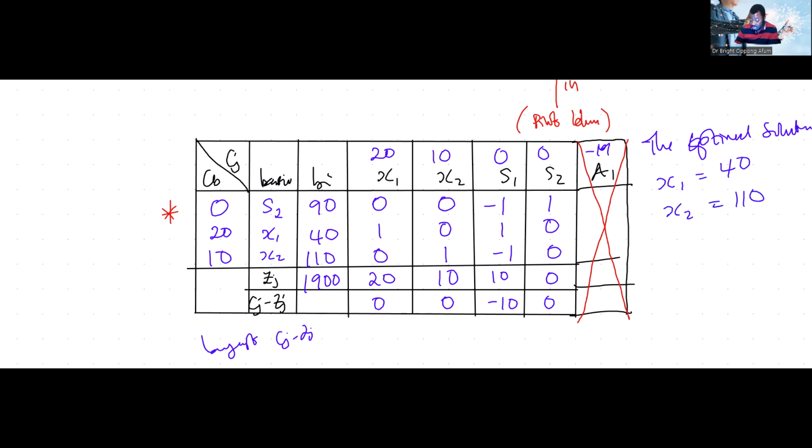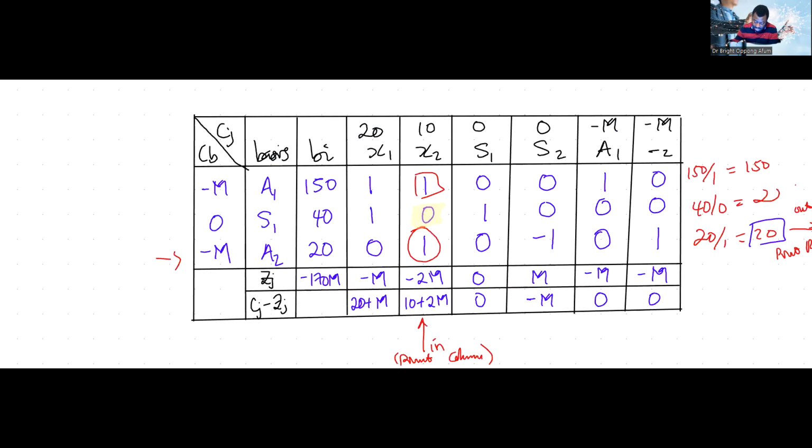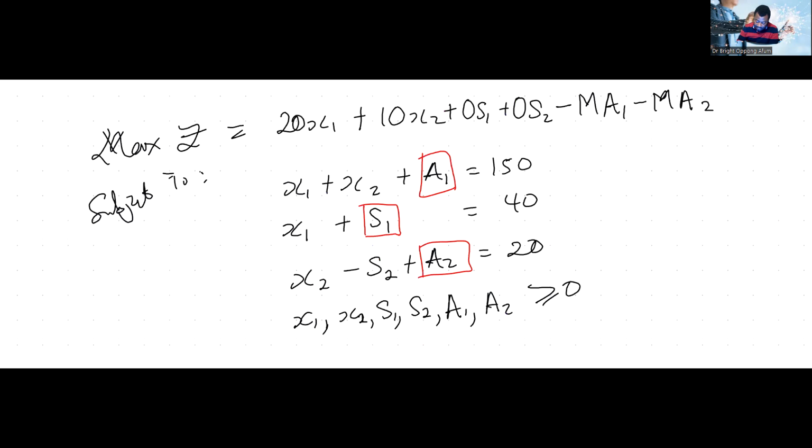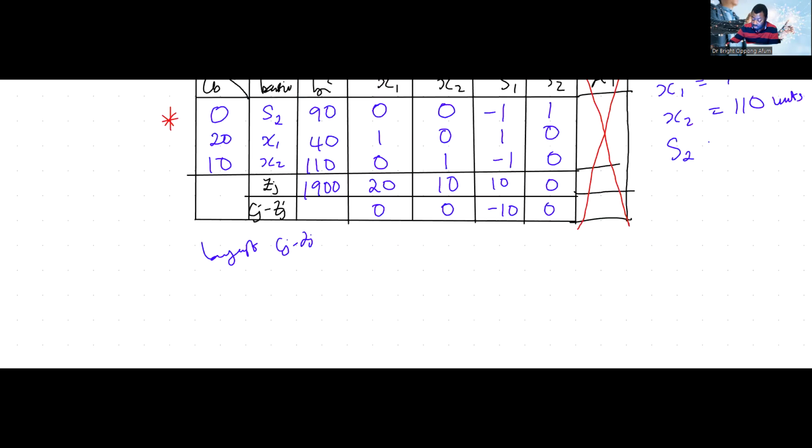Sometimes you can make meaning out of this and say 40 units, 110 units, and there is a surplus from the resources in the second constraint, S2. Is it the second constraint or third constraint? Let's look at the equation. S2 is here. So it's in the third constraint. So there is a resource left in the third constraint.